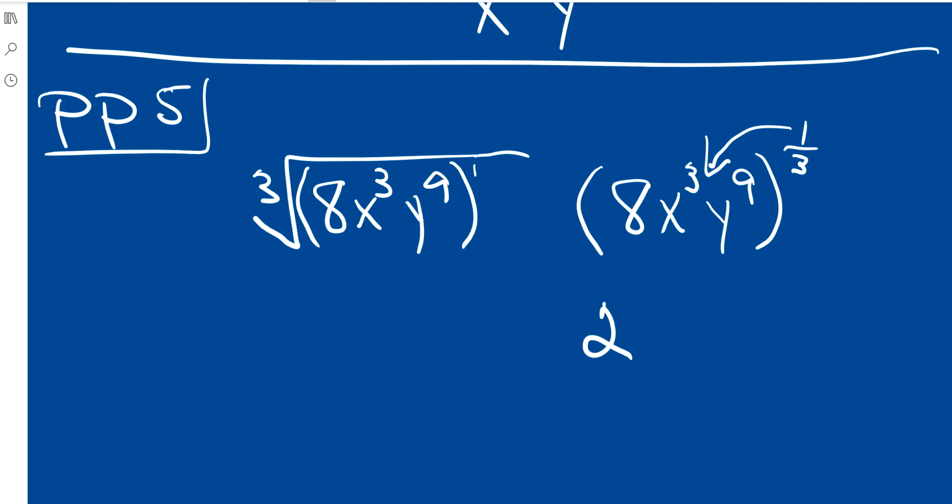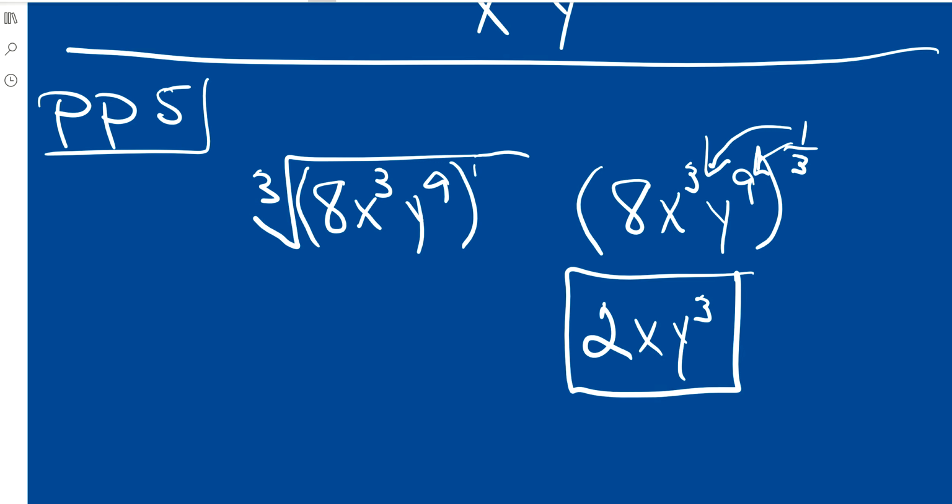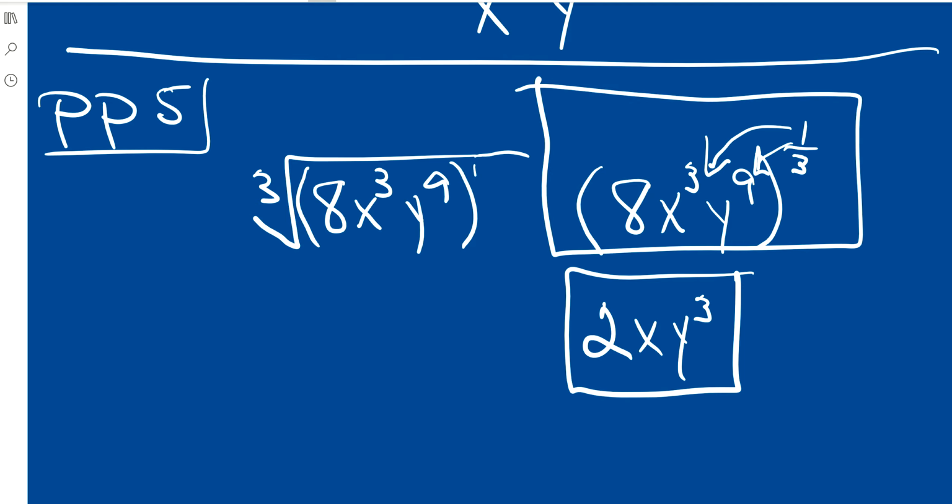And that's going to be x to the 3 over 3, which is just x to the 1. And then I've got 1/3 times 9, which is 3, and that's going to give me y to the 3rd. And that's my simplification of practice problem 5. Here's written with the exponent, and then I simplified it to be right here.